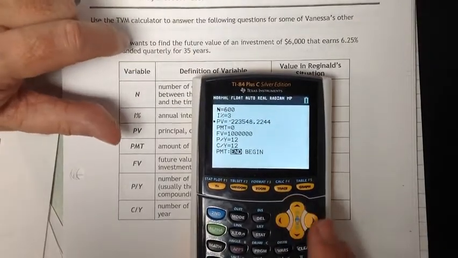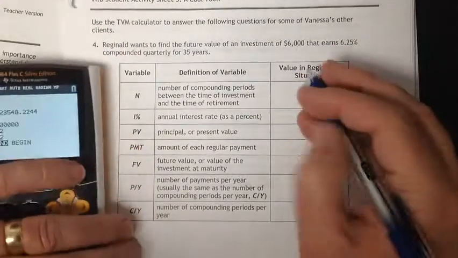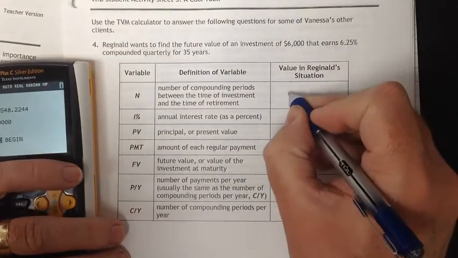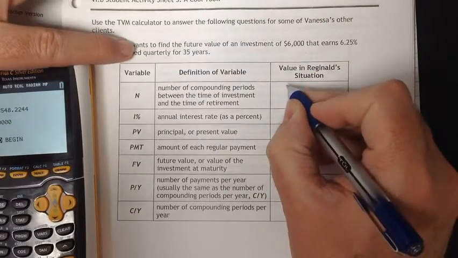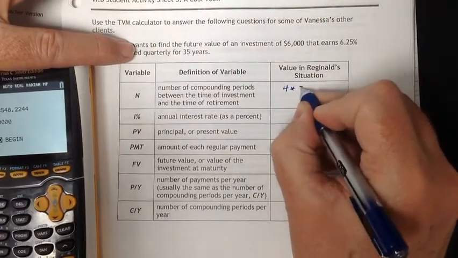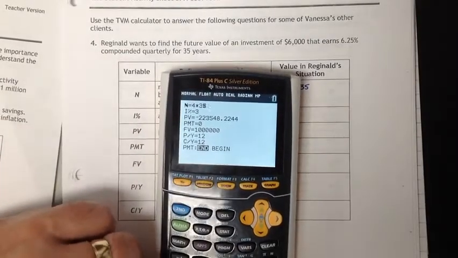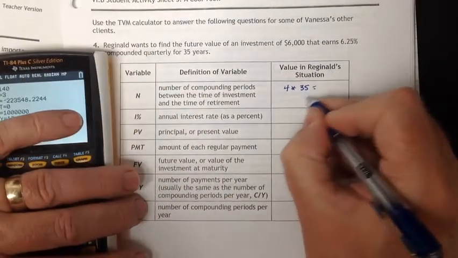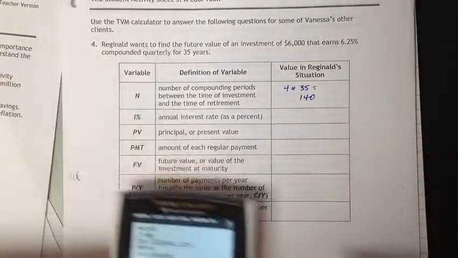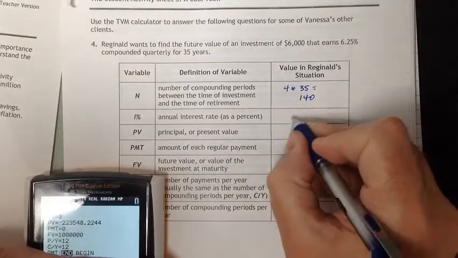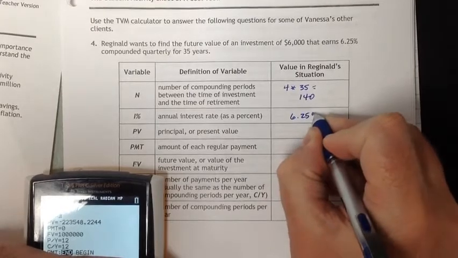My capital N, number of compounding periods, is compounded quarterly, 4 times a year for 35 years. If we type that in up here, 4 times 35, we can see that this is equal to 140 compounding periods. The interest rate is 6.25%.